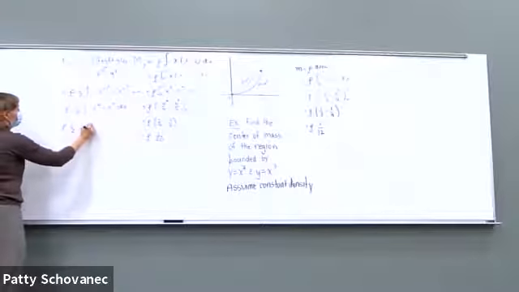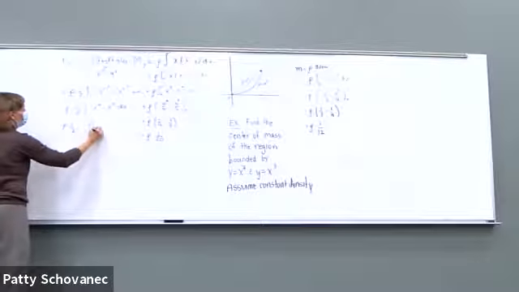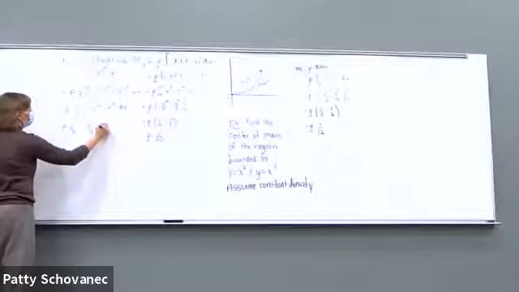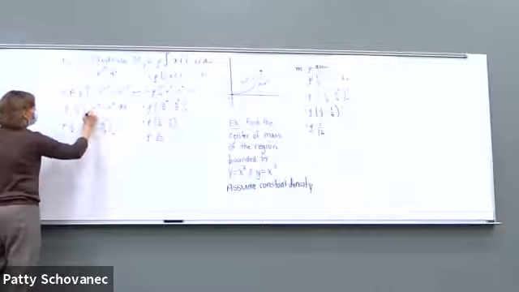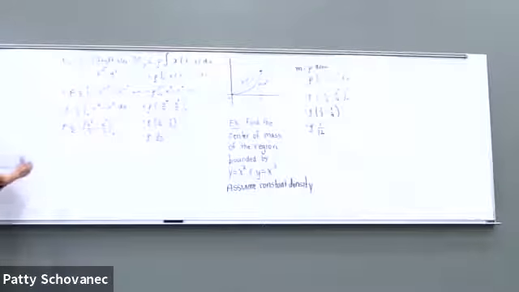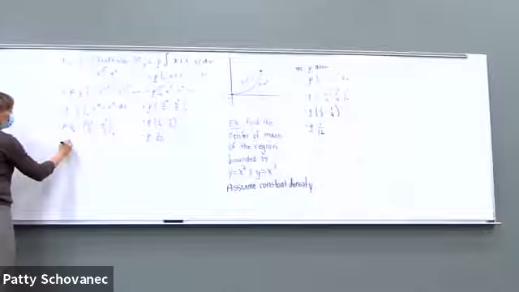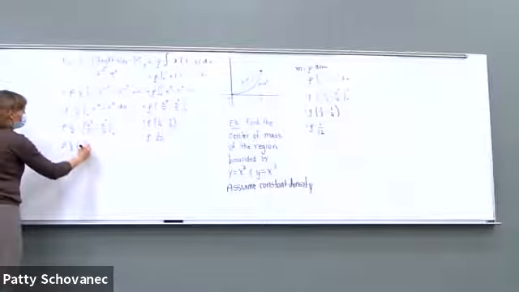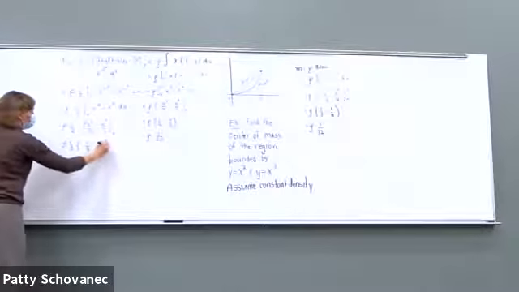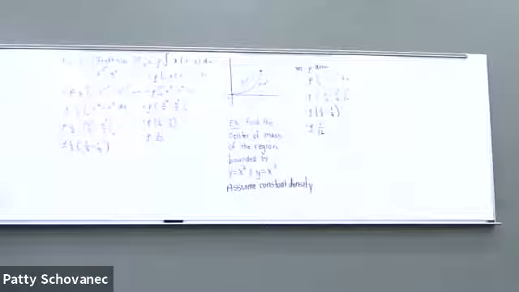And so we get x to the 5th over 5 minus x to the 7th over 7 from 0 to 1. So I have 1/5 minus 1/7. Common denominator is 35, so we have 7 over 35 minus 5 over 35.